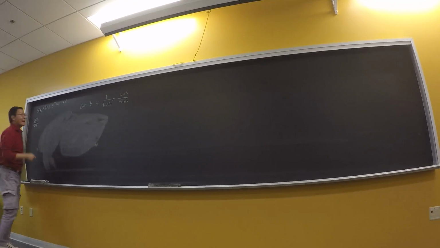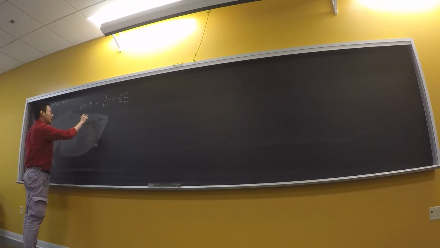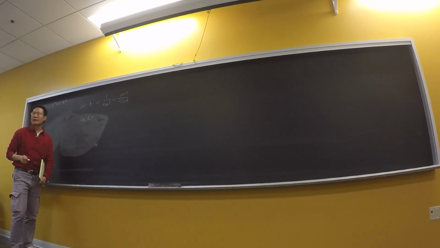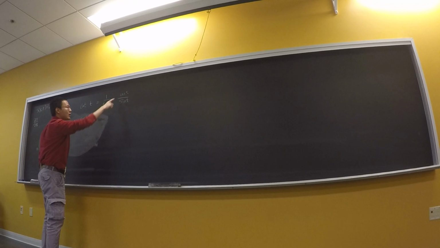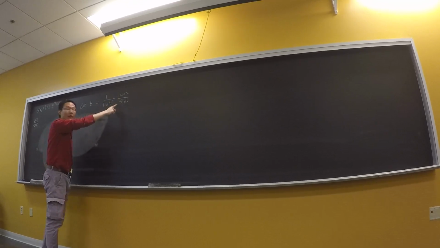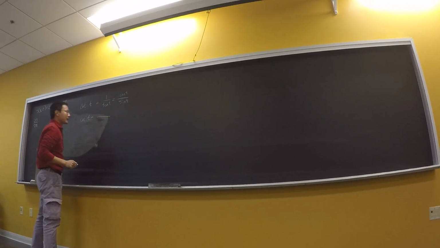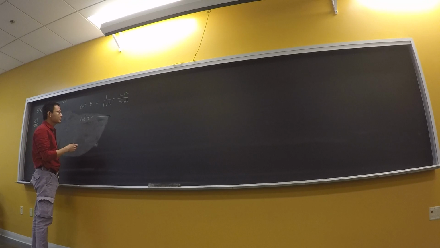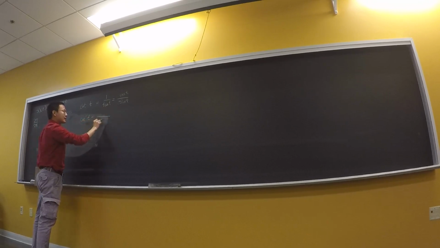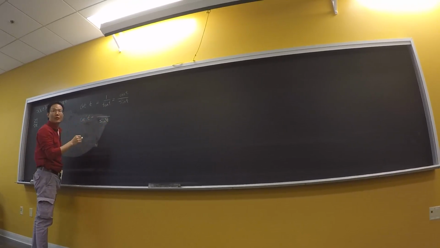And if I want to compute cotangent prime t, the derivative of the cotangent function, I can use the quotient rule for taking derivatives. So let's just work out what the derivative of cosine t over sine t is. It's going to be sine squared t in the denominator.